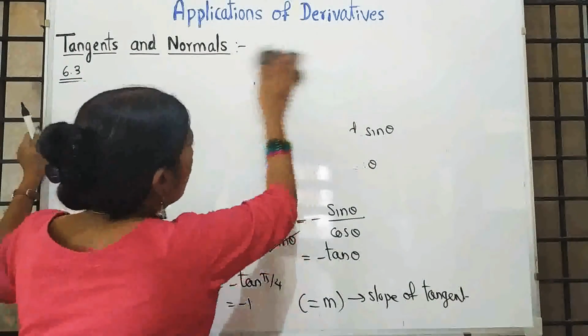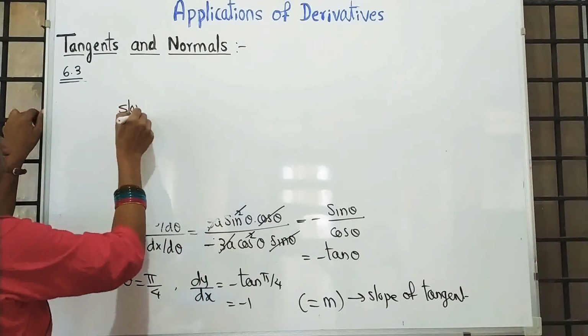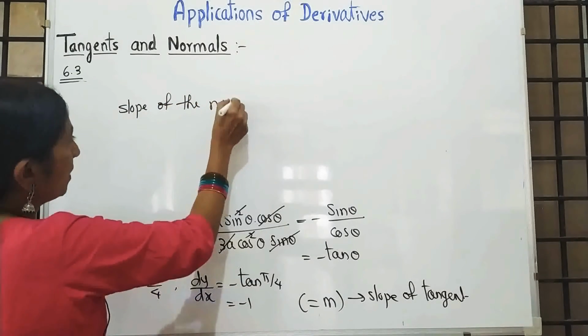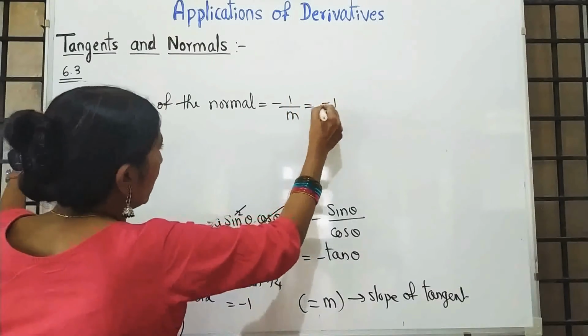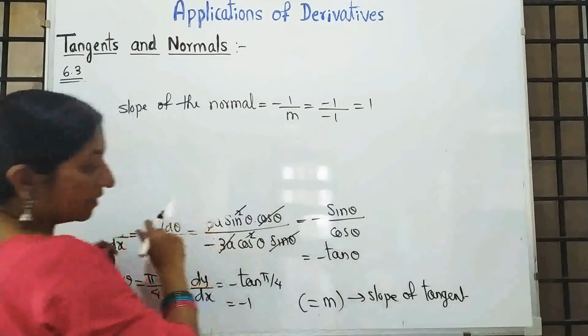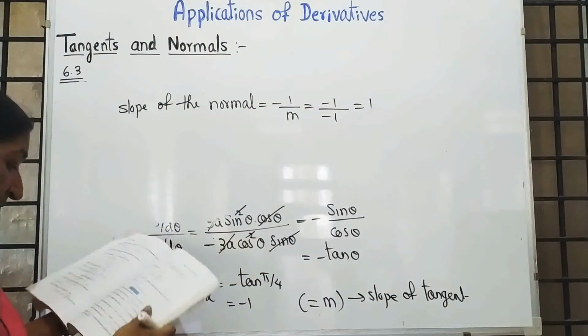Slope of the normal is equal to minus 1 upon m. M is what? Minus 1. Minus and minus get cancelled. We are getting 1.